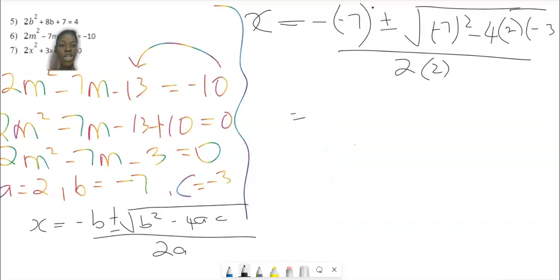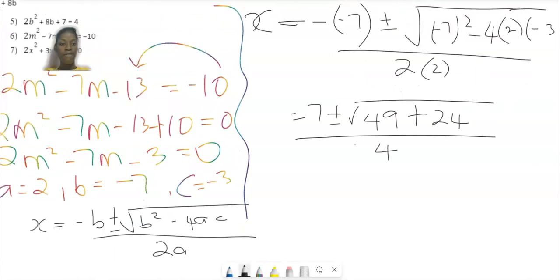So when I simplify, double negative becomes positive, so that's 7 plus or minus the square root of 49. And remember, we're multiplying right here, so that's negative 4 times 2, negative 8 times negative 3. That is positive 24, all divided by 4.